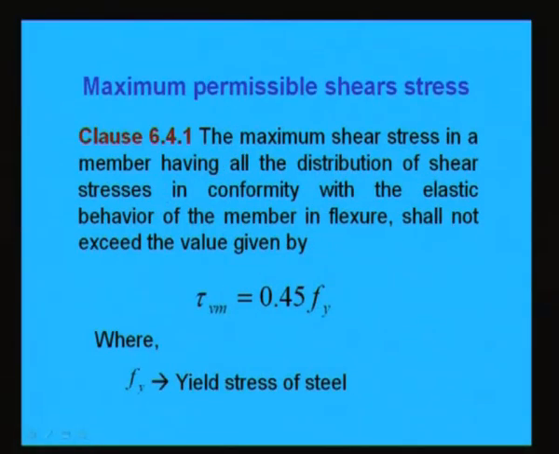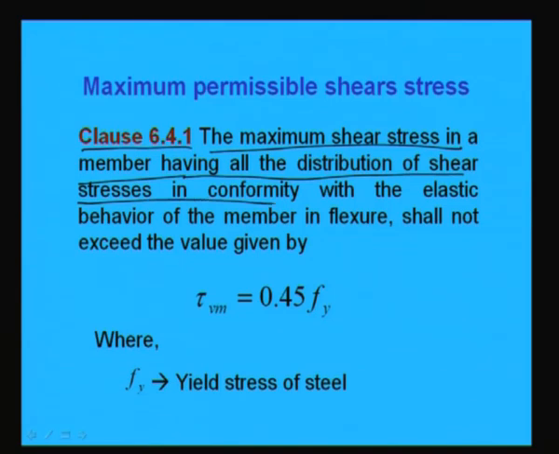And we know the closure provisions have been given in the code IS 800/1984. The clause states that the maximum shear stress in a member, having the distribution of shear stresses in conformity with the elastic behavior of the member in flexure, shall not exceed the value given by this.